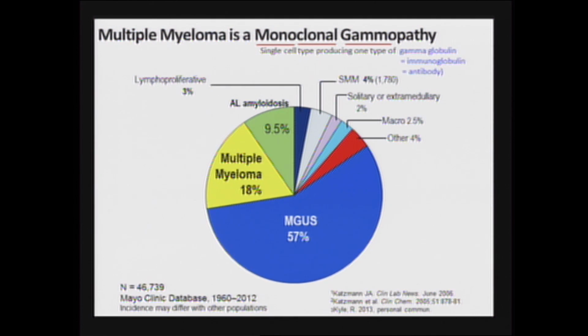There's too much in the blood, but there's no other clinical symptoms. There's no problems with the kidneys. There's no problems with anemia. And so these patients are really just watched, not treated because there's no cancer there. The worry is that these patients with MGUS then do develop into real myeloma, and that's 18% of all patients in this class. There's amyloidosis and then smoldering myeloma, a little bit more progressed disease. So it's kind of between MGUS and myeloma is this smoldering myeloma.